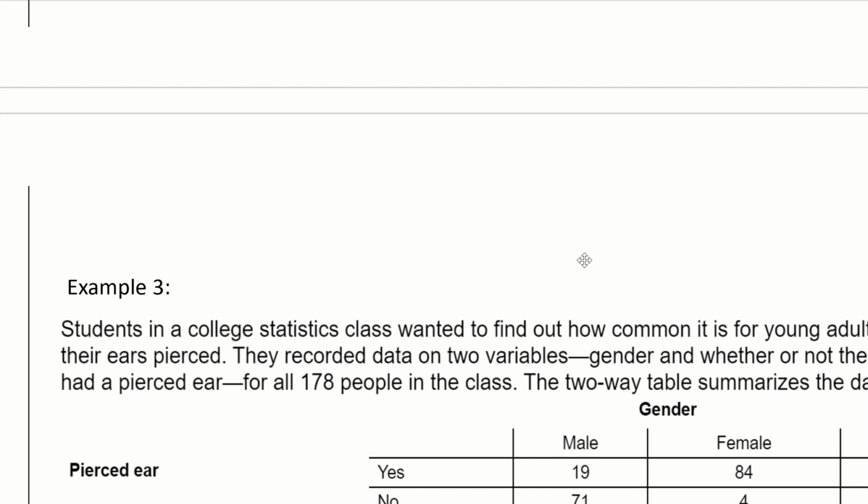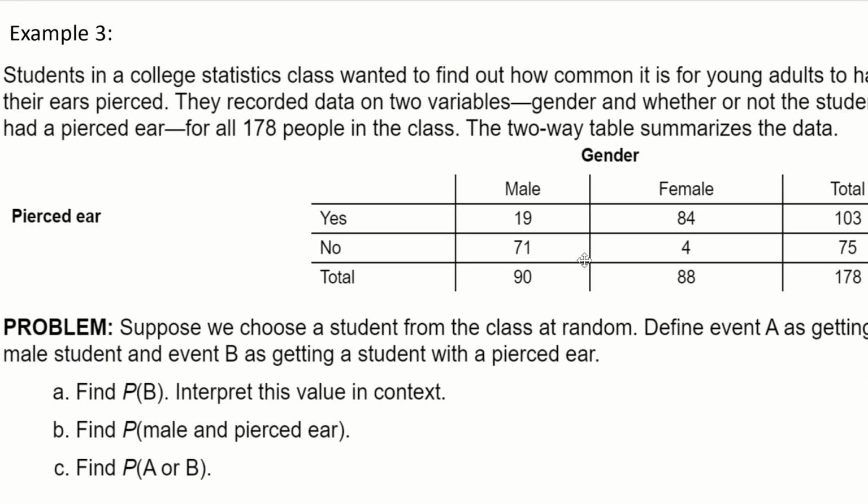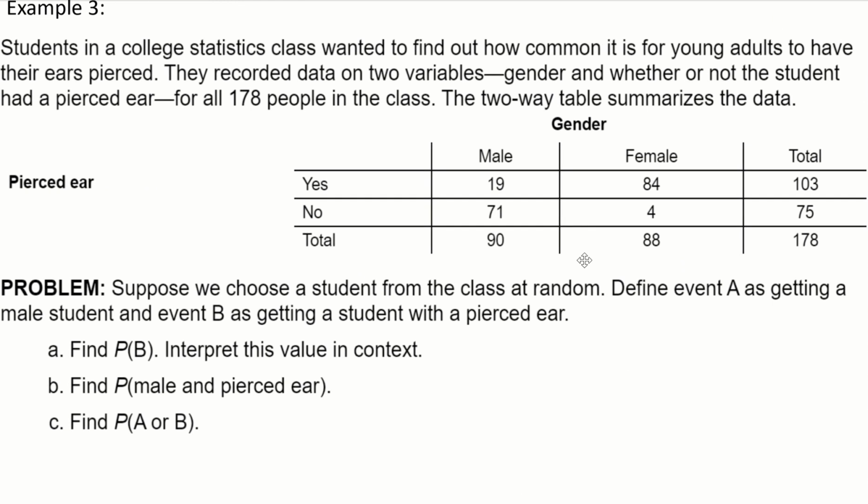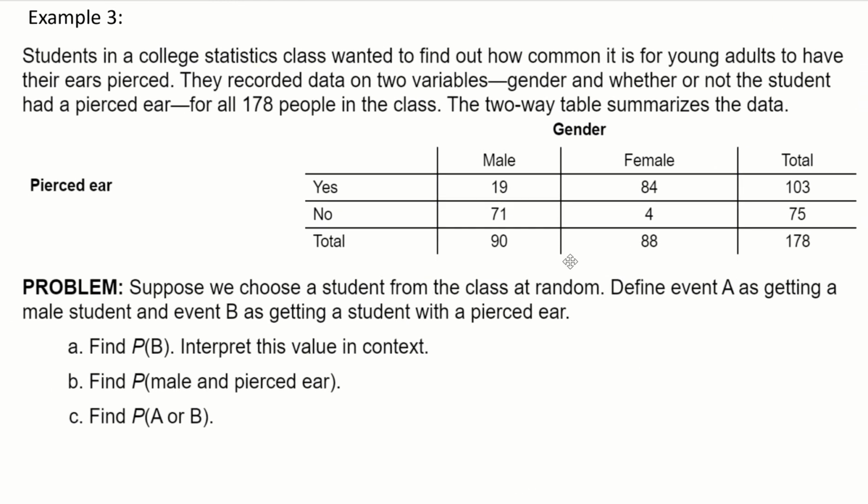All right, so let's take a look at another example, final example. Students in a college statistics class wanted to find out how common it is for young adults to have their ears pierced. They recorded data on two variables, gender and whether or not the student had a pierced ear, for all 178 people in the class, and we have the two-way table.